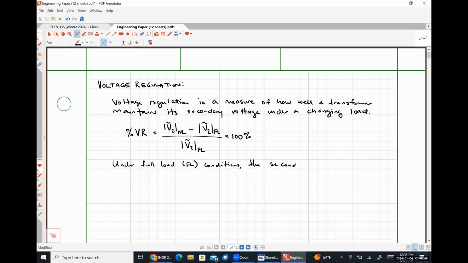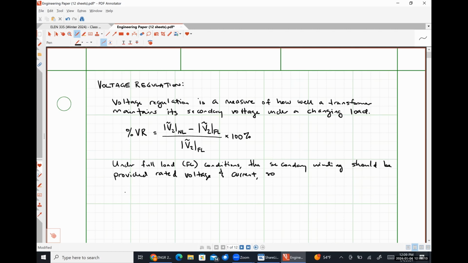So under full load conditions, the secondary windings should be supplying or providing rated voltage and current.